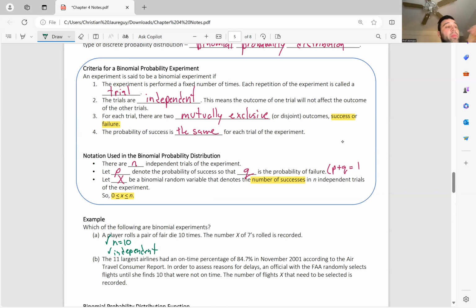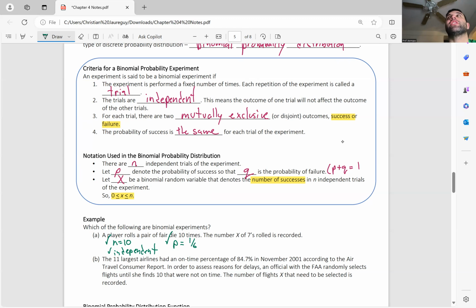The fourth one is the probability of success the same. Will it change? If I don't get a 7 on the first time, will it increase my odds of getting a 7 on the next time? And as much as some of us might want to say yes, turns out no. Your odds stay the same every single time. So P is equal to 1/6 every time. Check.